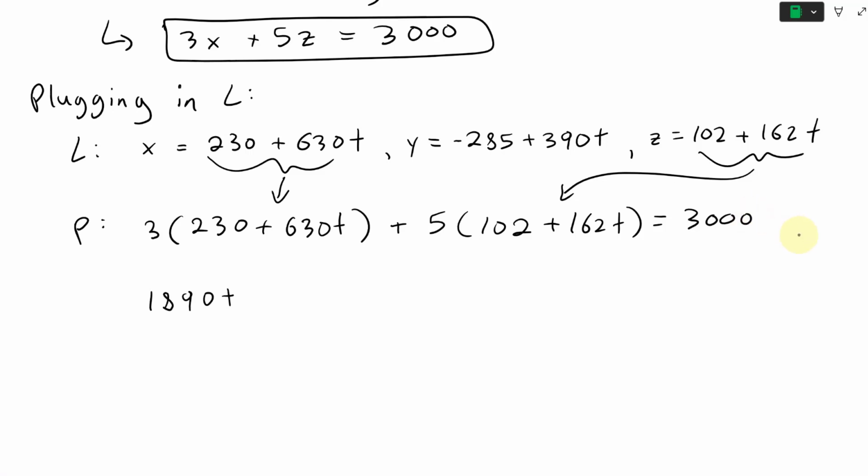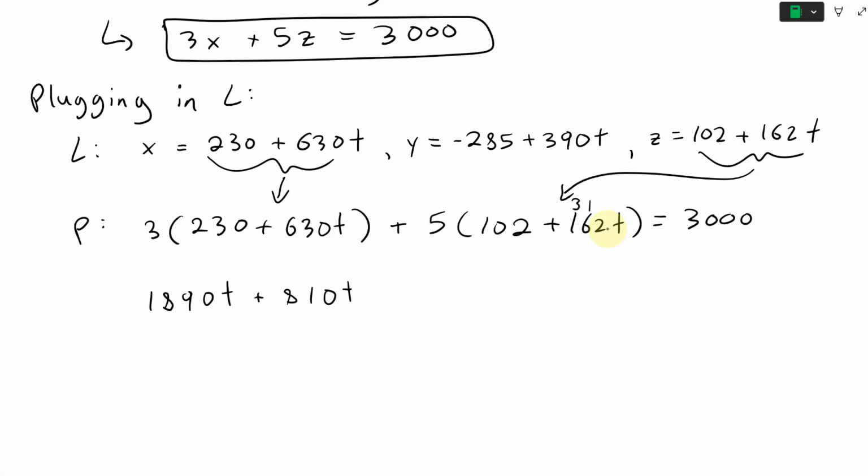So 1890t. And then 5 times 162, so 5 times 2 is 10. So 0t, carry the 1. 5 times 6 is 30, add the 1 is 31, carry the 3. 5 times 1 is 5, plus 3 is 8. So 810t, like that.